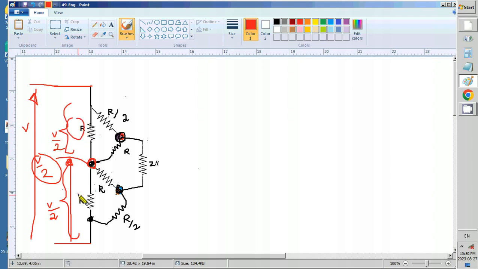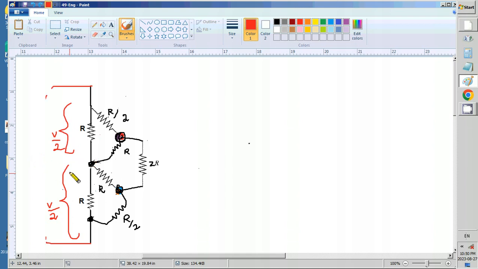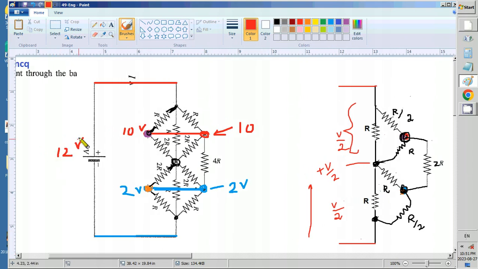Since these resistors are equal, the total height must be divided into 2, and that is why we say this distance is half V. This height is half V. So this point is at half V level, positive half V, because from the bottom we go upwards, to the battery positive line.